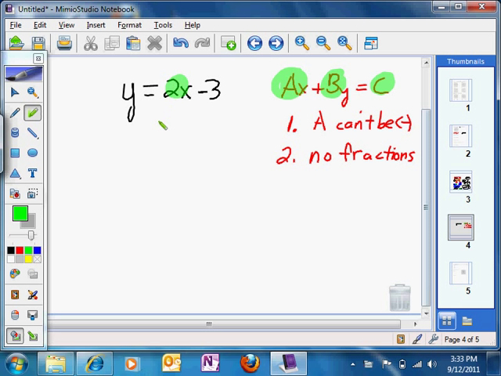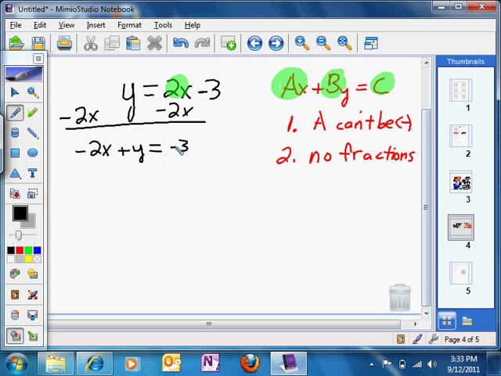Well, I have my x's right here on the right side, so I need to use algebra and move it to the left. So 2x is being added on the right side because it's positive, so I subtract 2x from both sides, and I get -2x. It's a positive y, so it's plus y equals -3. Those cancel right there.